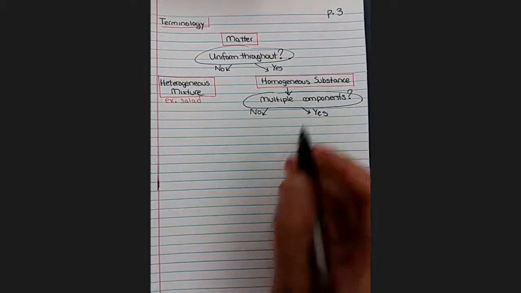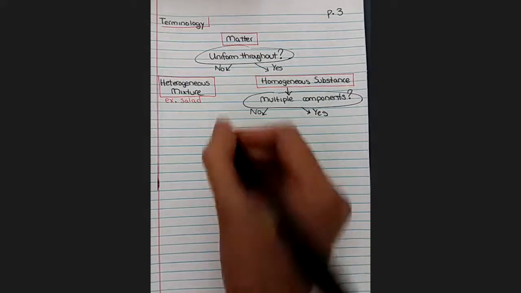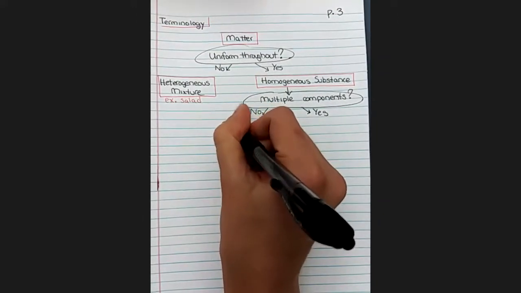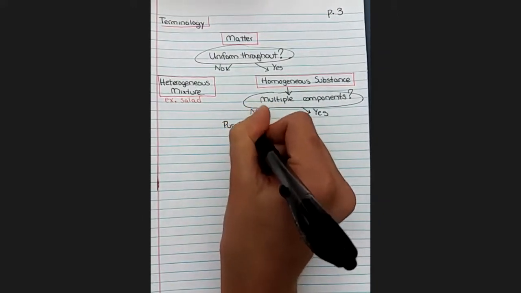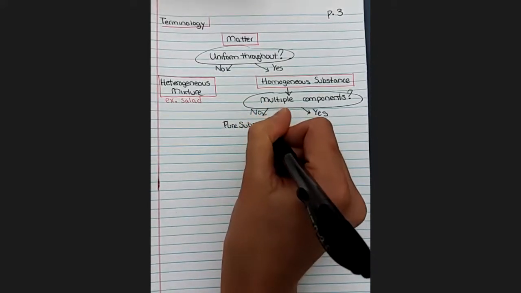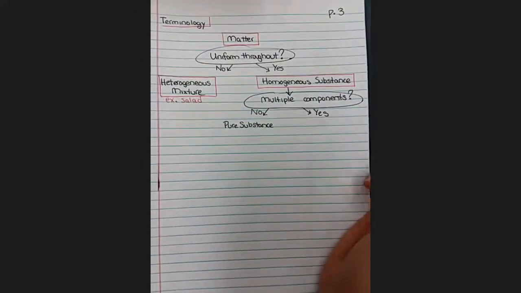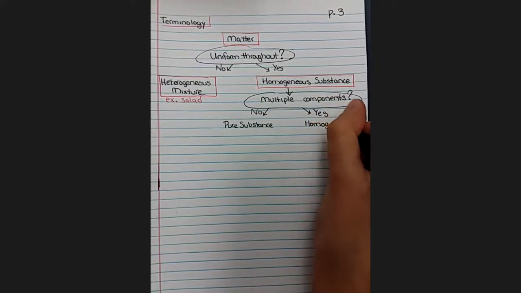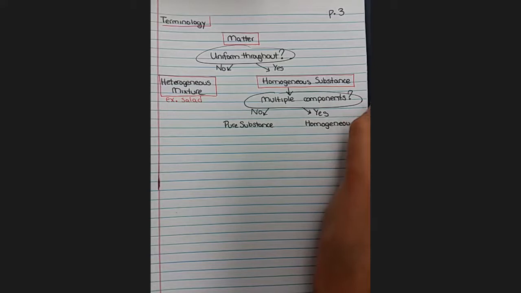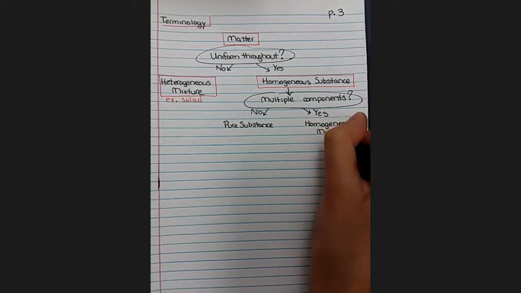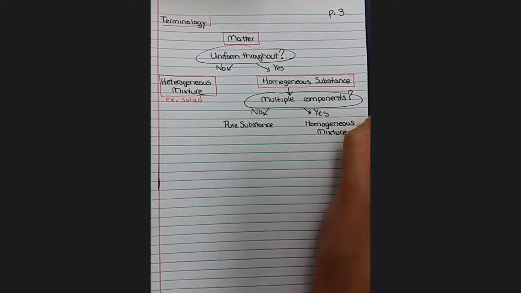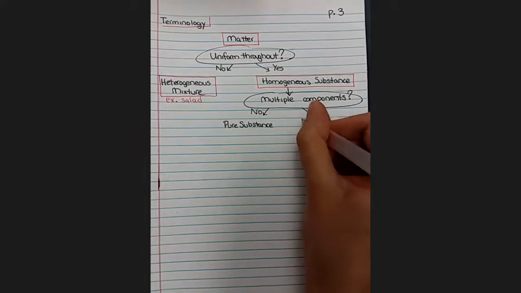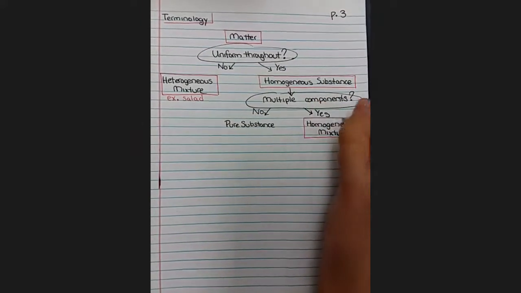So if that homogeneous substance is made up of just one component, it's going to be called a pure substance. And if it's made up of multiple components, it's going to be called a homogeneous mixture. So those are important terminologies as well.